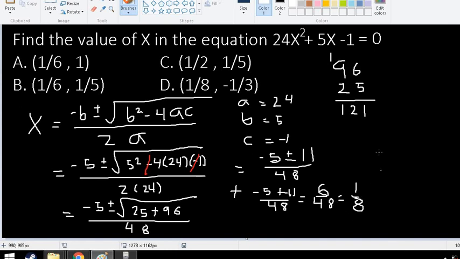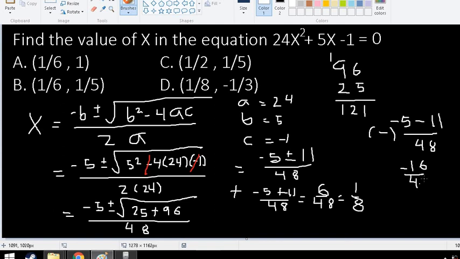Now using the negative sign, you get negative 5 minus 11 all over 48. We'll just add these both. Negative 5 minus 11 is negative 16 all over 48.